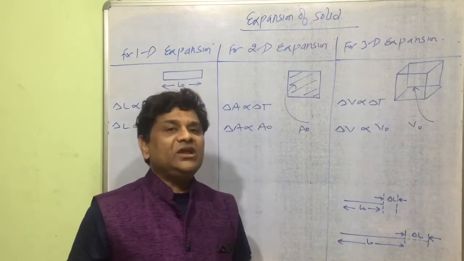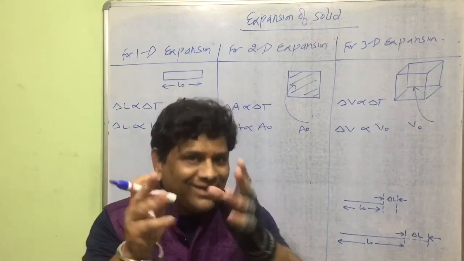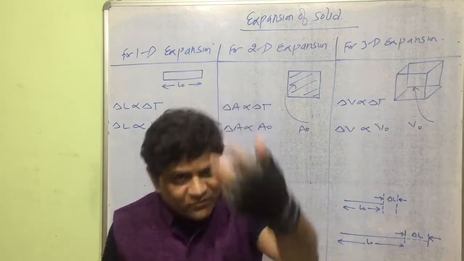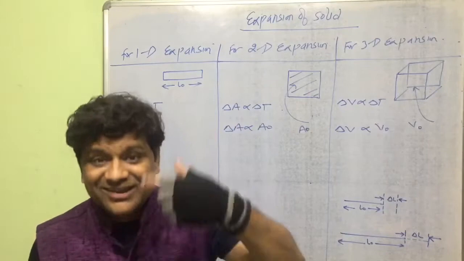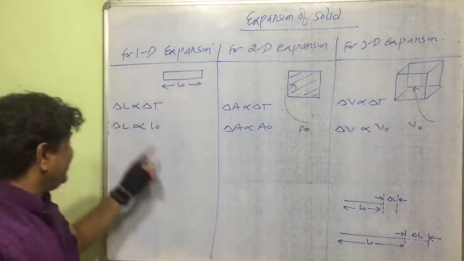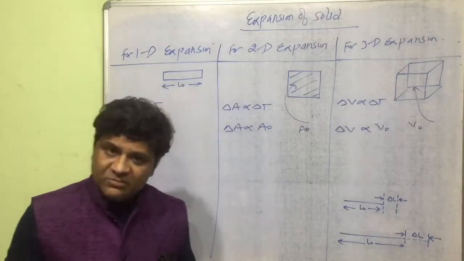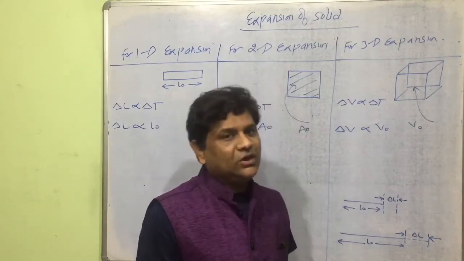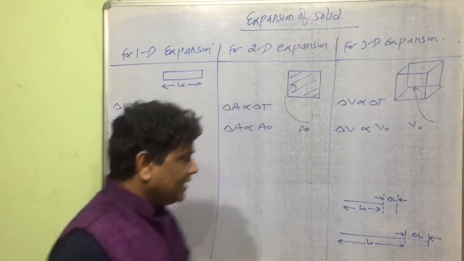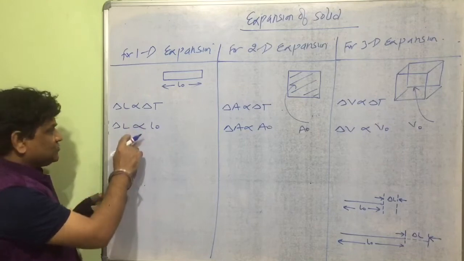So what we learn from these two diagrams is that ΔL is directly proportional to L₀, ΔA is directly proportional to A₀, and ΔV is directly proportional to V₀.